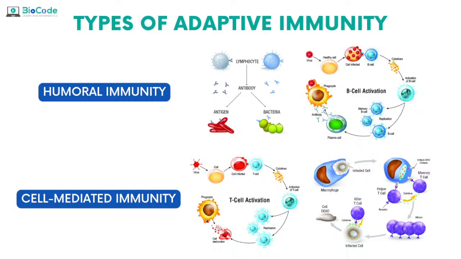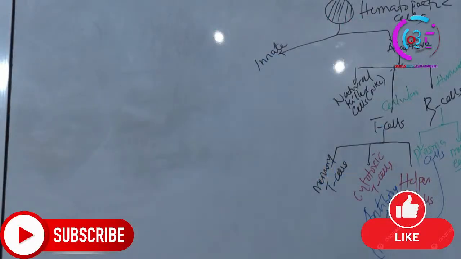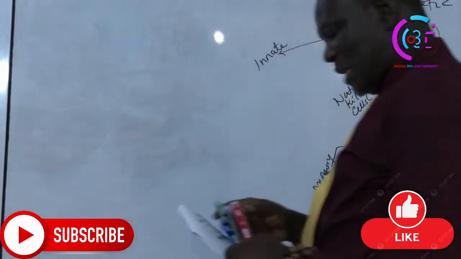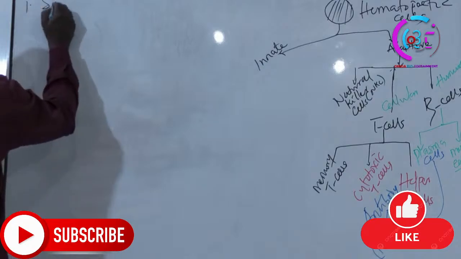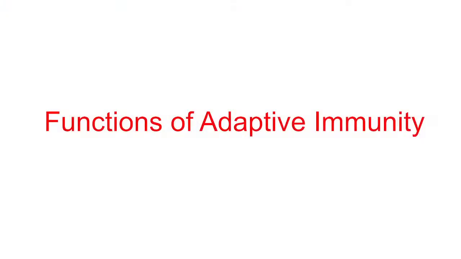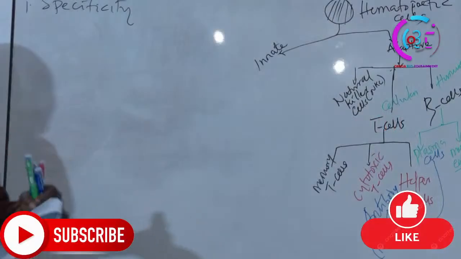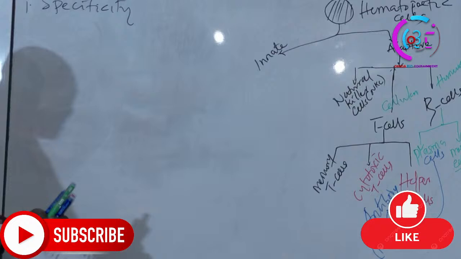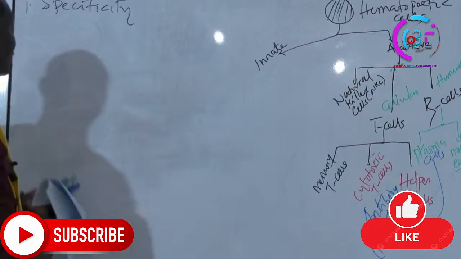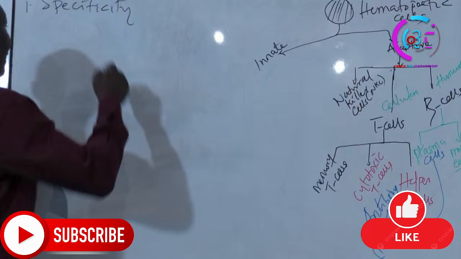So the first characteristic of the adaptive immune system that we are going to consider is, number one, specificity. It is the job of the adaptive immunity to be very, very specific. I told you that it is highly specific.